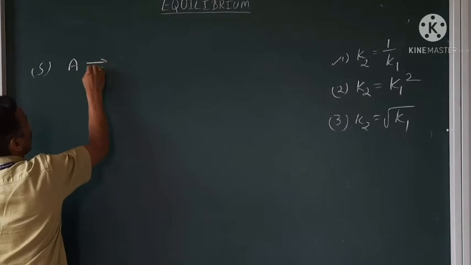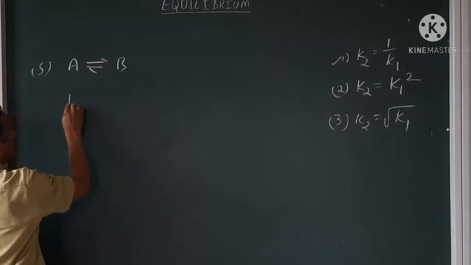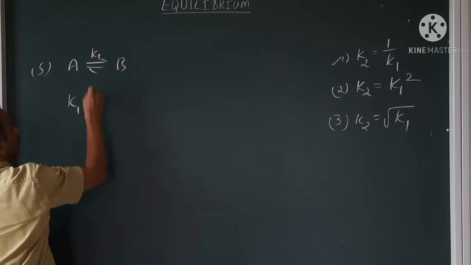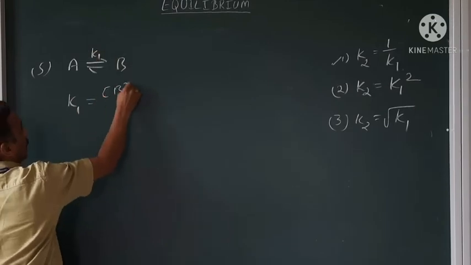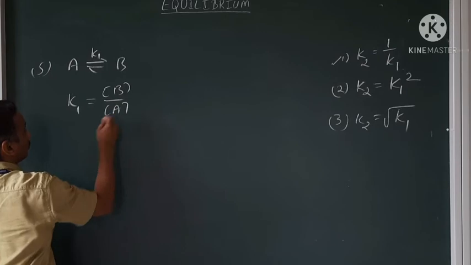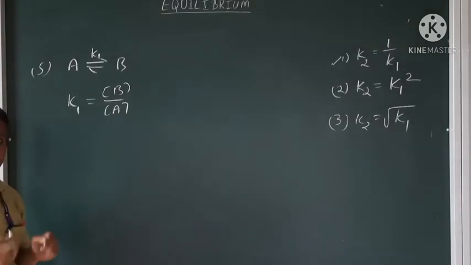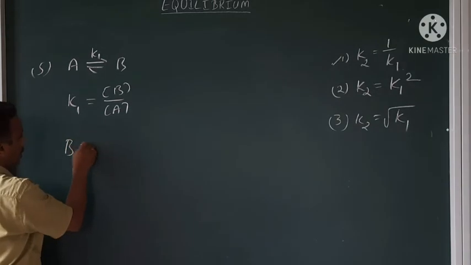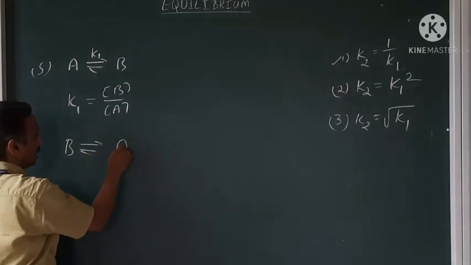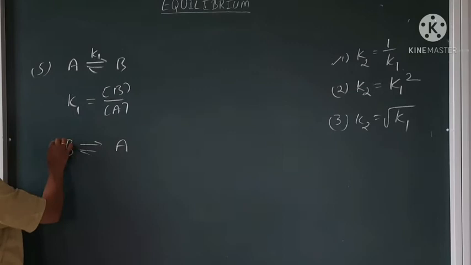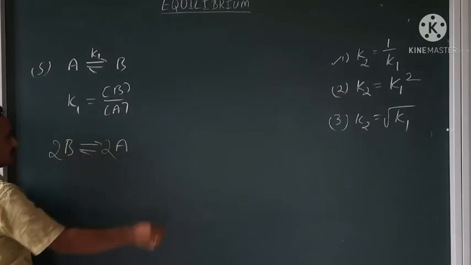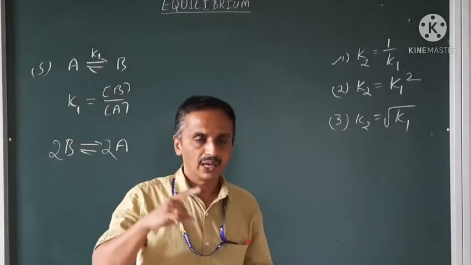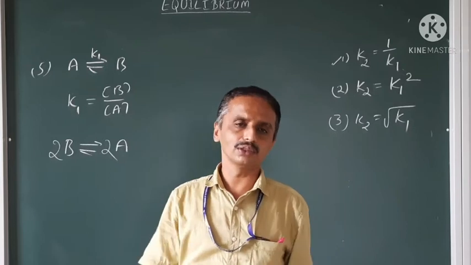So K2 is equal to 1 by K1, which is here already. A giving the B. K1 is equal to B by A. What I do is, I will reverse that. Means I go for B giving the A at equilibrium, but I will double the concentration of this. I will reverse and double the concentration.